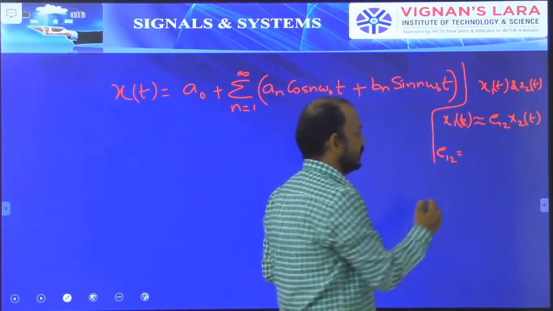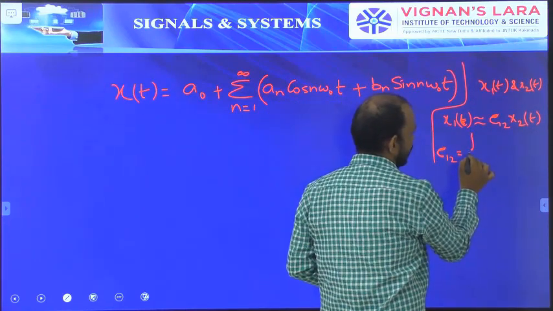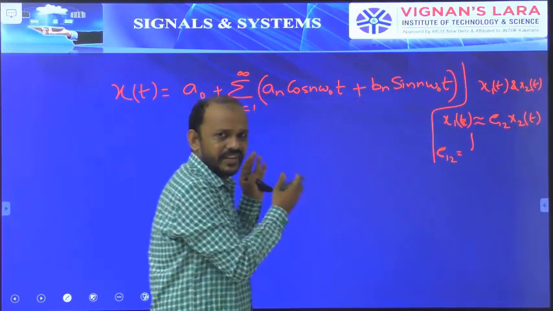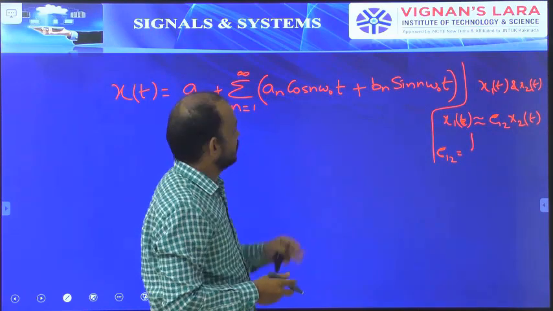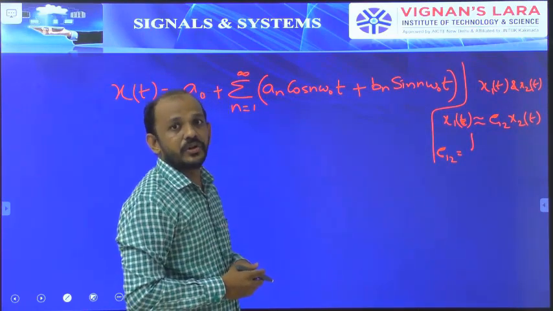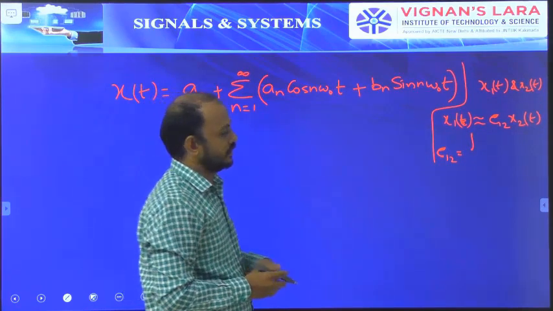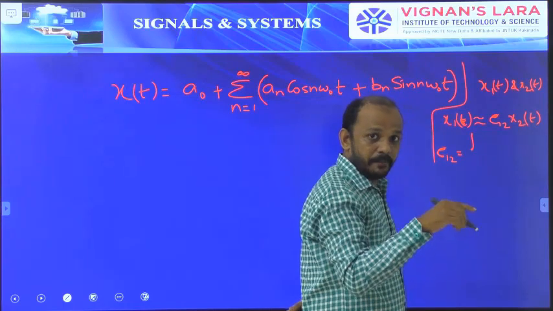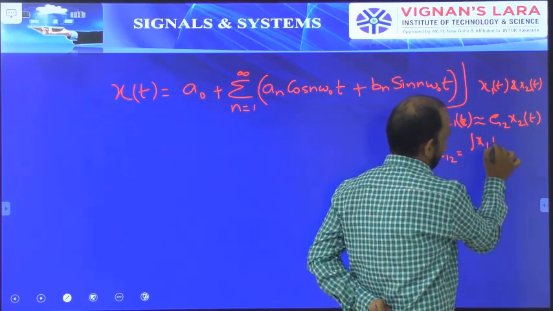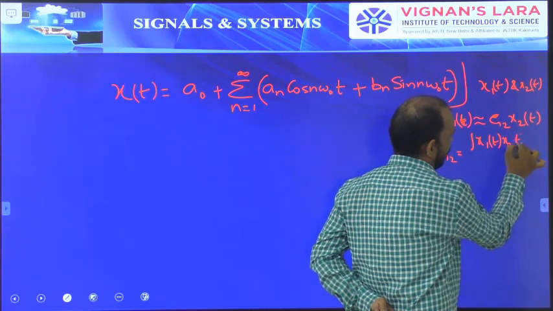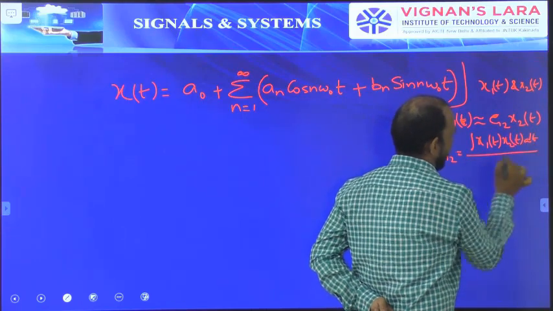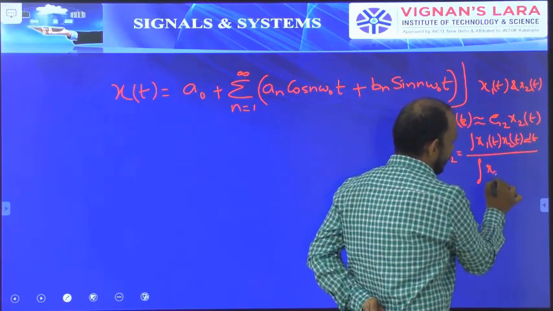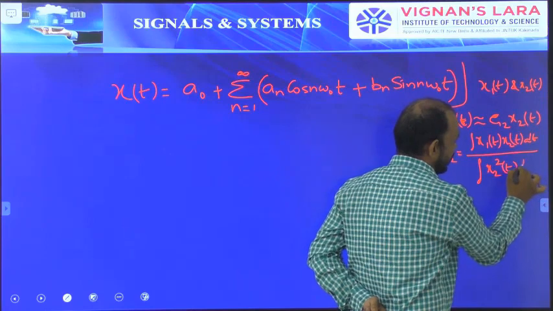c12 equal to integral, with limits for the given interval, whatever the interval, we have to apply those limits. So here the interval is t0 to t0 plus capital T. Integration of the product of the signals, that is x1 of t, x2 of t dt, divided by the integral of the second signal, x2 square of t dt.